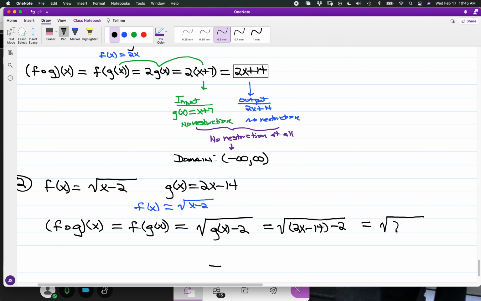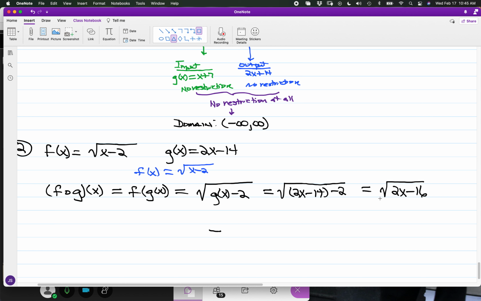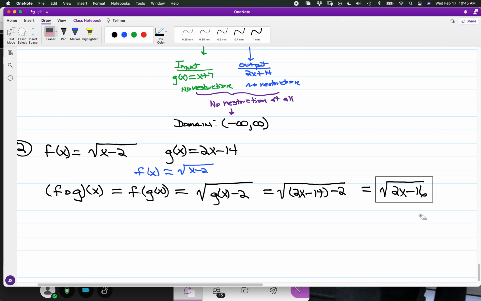And so this will be 2x minus 16. And so this is the resulting composition.